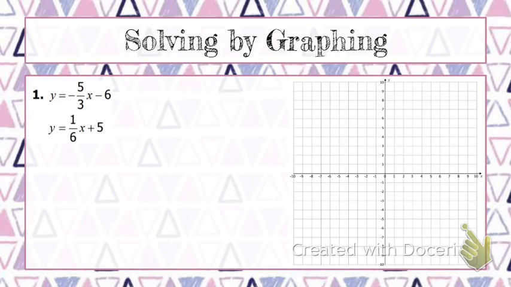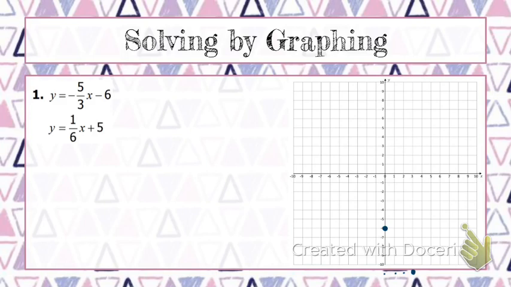For the first one, we start at y equals -6. So that's down here. We started at -6 because that's the y-intercept. Now we look at our slope, -5/3. That means that we need to go down 5, right 3, which we run out of room for. But it would be somewhere in here.